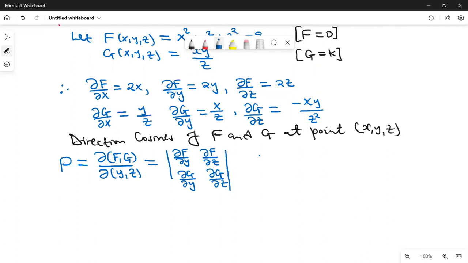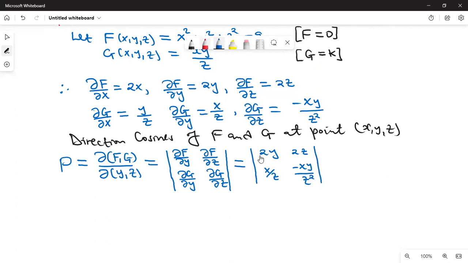That is determinant of a 2 by 2 matrix. Let us replace the partial derivatives. F with respect to y, we got 2y. F with respect to z, that was 2z. G with respect to y was x over z. And g with respect to z was negative xy over z squared.